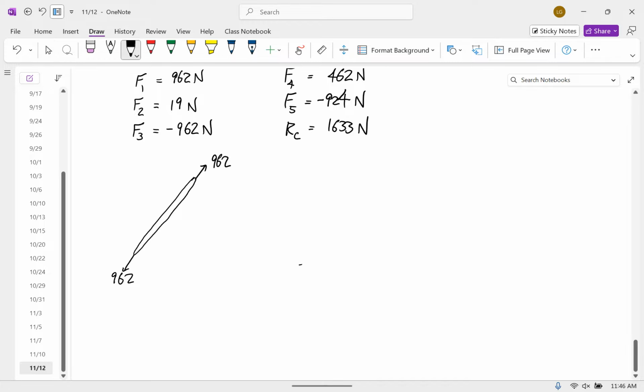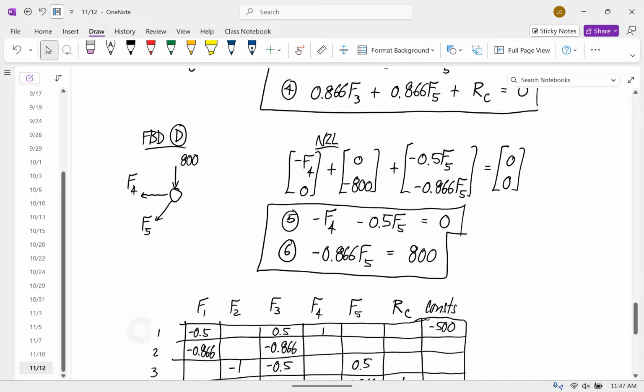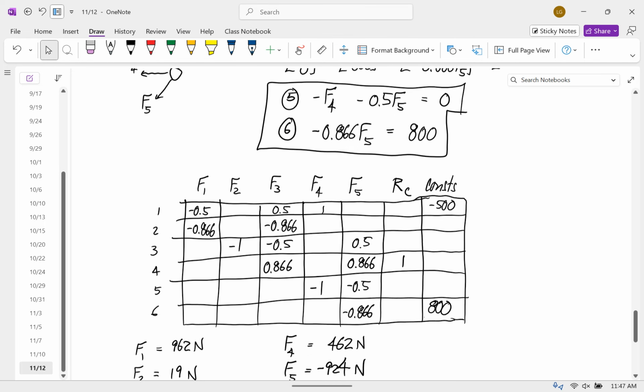And then member 2 is positive, so it's tension, so it's like this. Member 3 is in compression, so it's like this. Member 4, is that the top one?